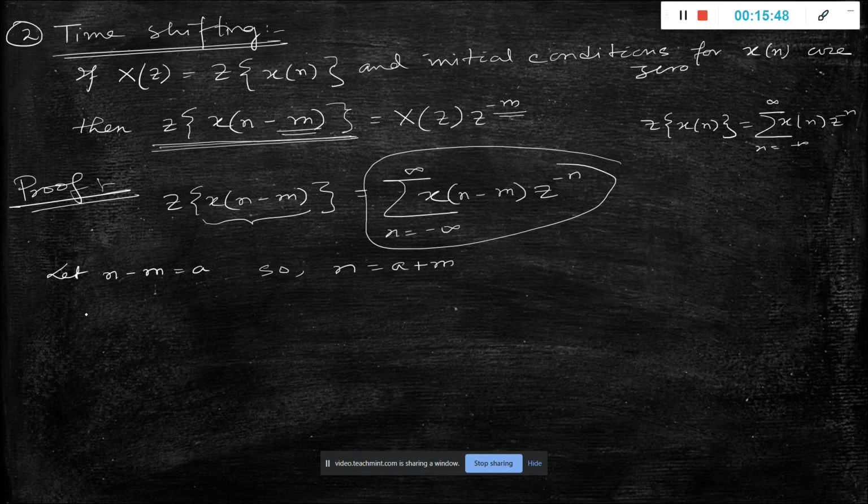So now what will we get, x of n minus m equal to summation n equal to minus infinity to plus infinity, instead of x of n minus m, I will put x of a z to the power minus, instead of n I will put a plus m, a plus m.